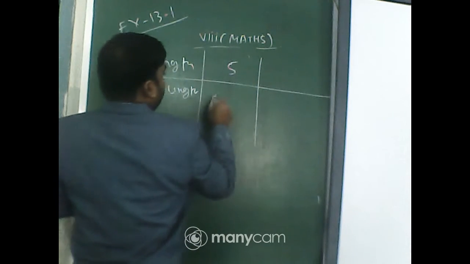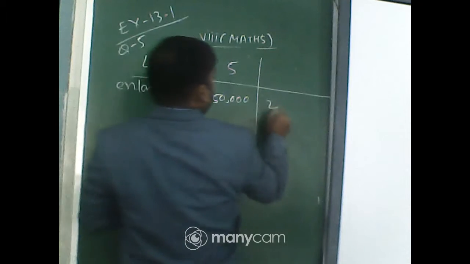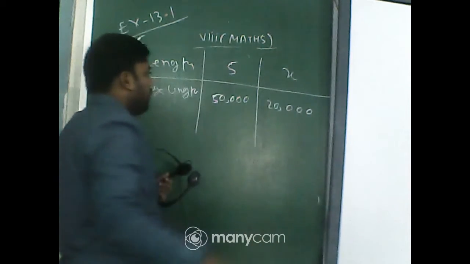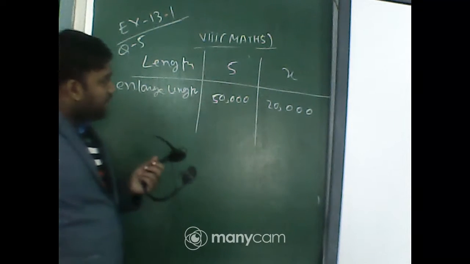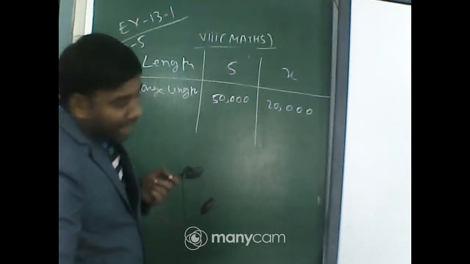When 5, 50,000. And when 20,000, what will be the length? I am taking here x. When 20,000 times enlarged, that time the length will be x.